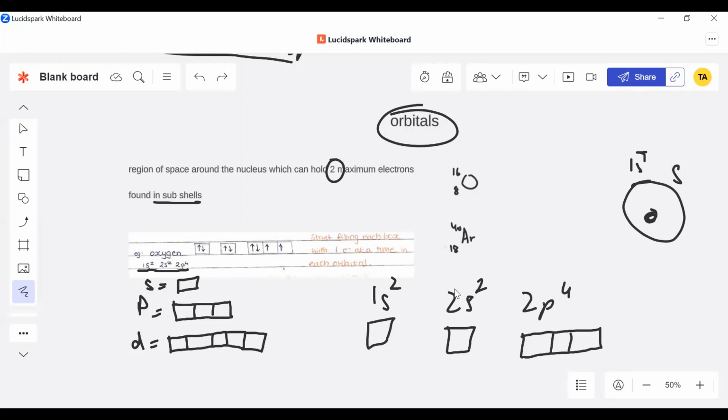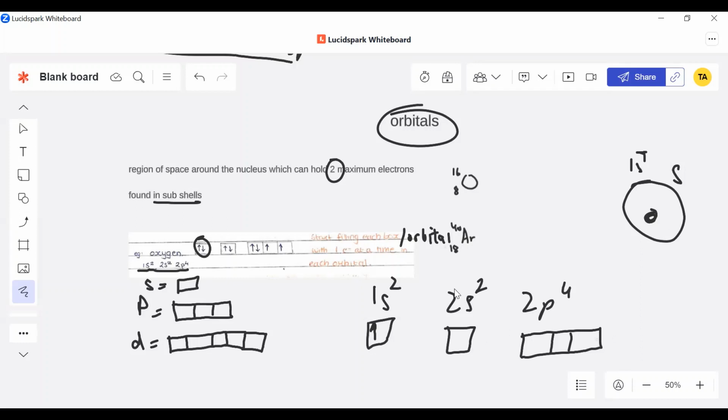And I'll write the electrons like arrows. Now I start filling each box or orbital with 1 electron at a time. There is a rule that says you fill the orbitals with 1 electron first.